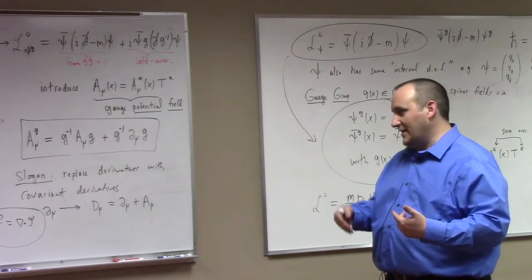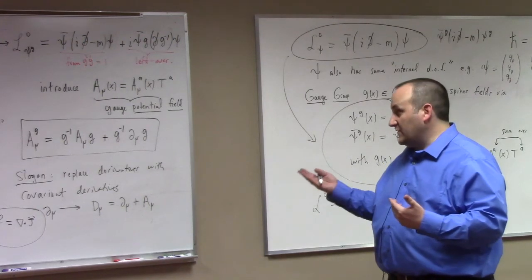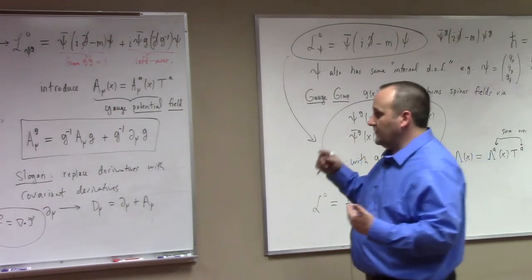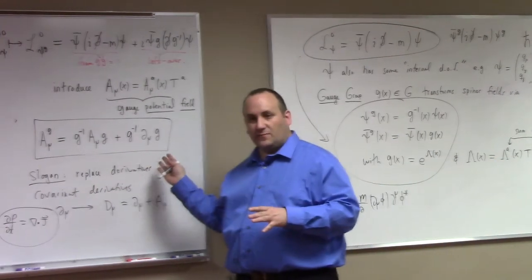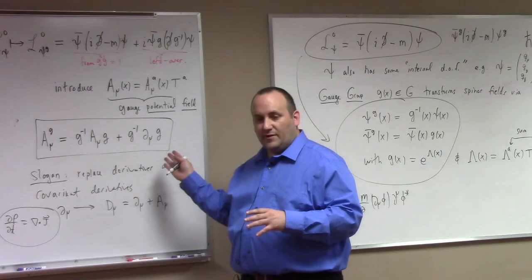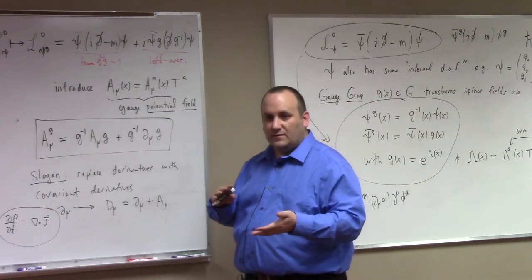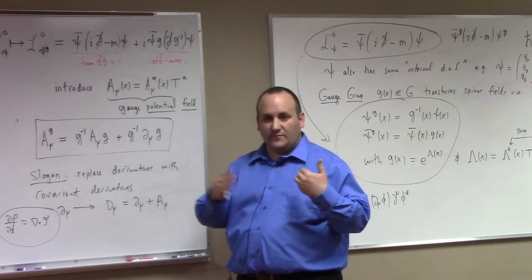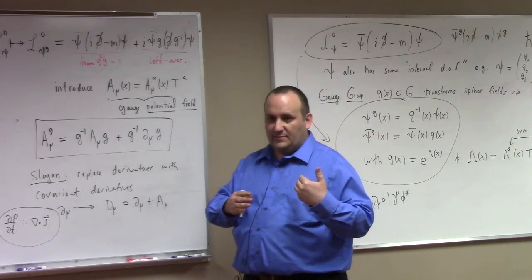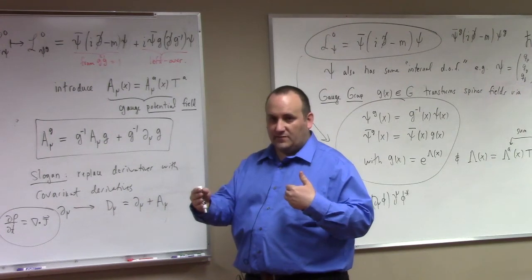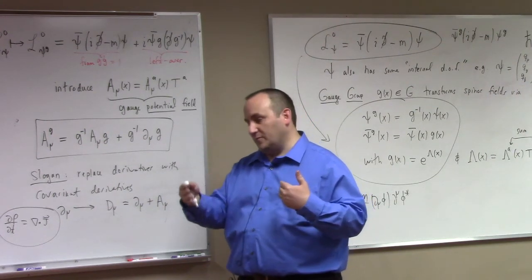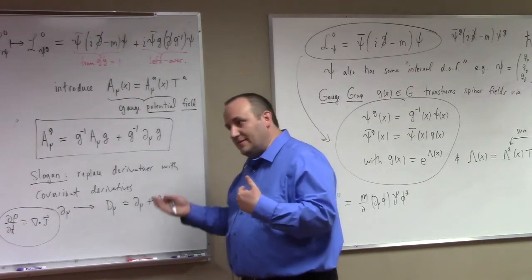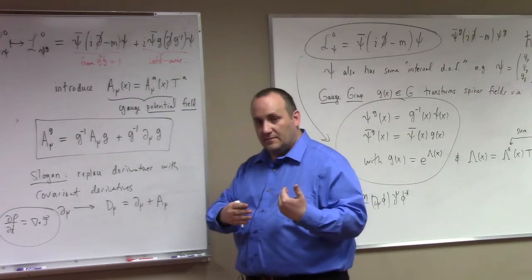If you add a gauge potential field A mu, such that it transforms in the less complicated way for a while, then that prompts you to add another term to the Lagrangian, which, when you tilt your head and squint, you realize is that minus 1/4 F mu nu term. So by studying local gauge invariance, Weyl showed that it necessitated the introduction of a gauge potential field, and consequently the field strength.